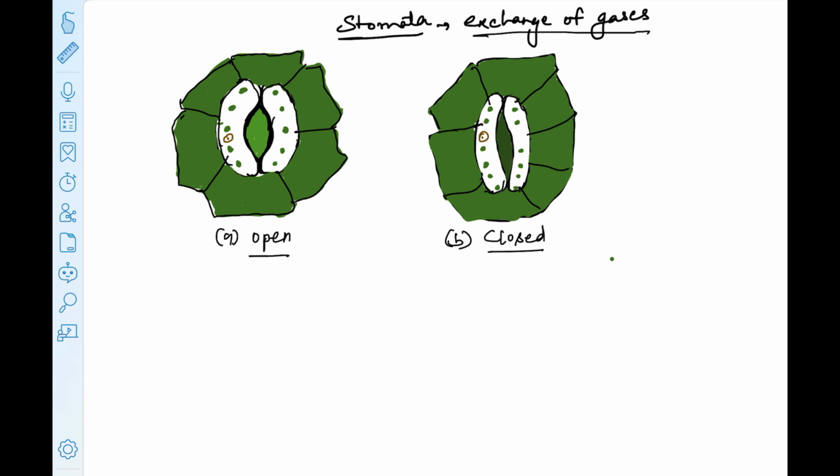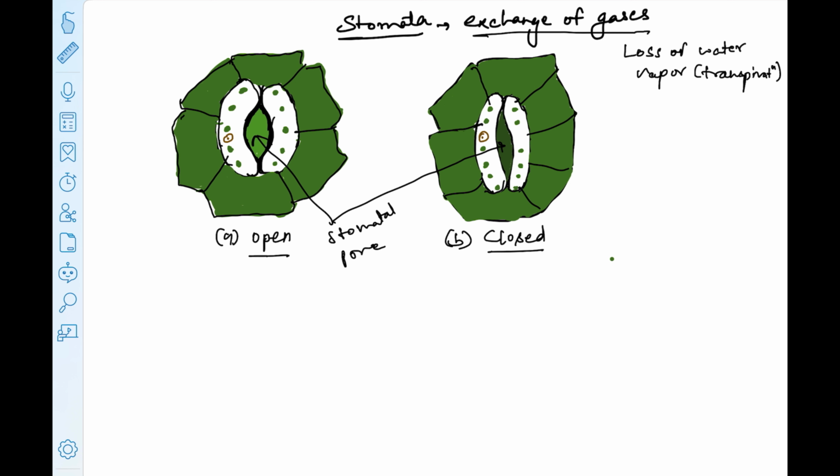They help in exchange of gases and loss of water vapor. That process is known as transpiration. So what are the main parts of stomata? First, it has a stomatal pore. Through this opening, CO2, O2 and water vapor move in and out of the leaf.